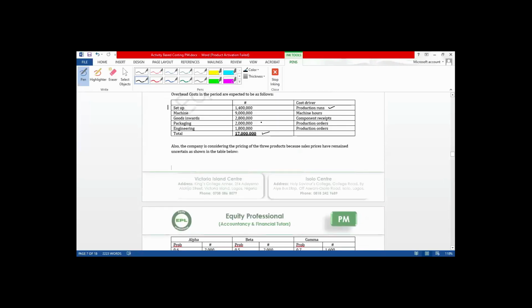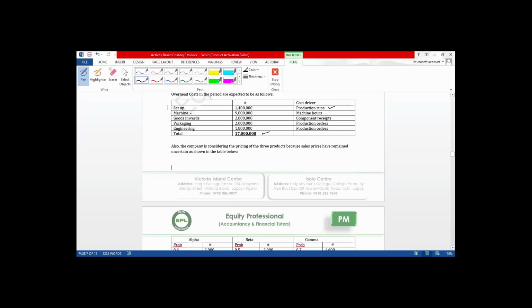We have allocated it to product alpha, product beta, product gamma, using production run. Because setup overhead is as a result of production run. We have used the activity that gives rise to setup overhead cost to allocate setup overhead cost.